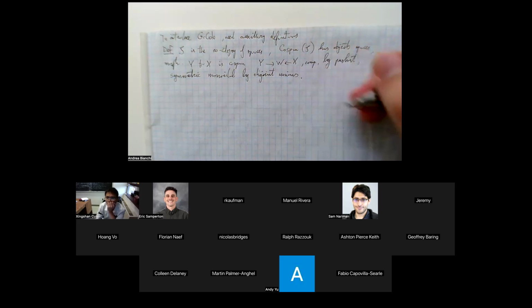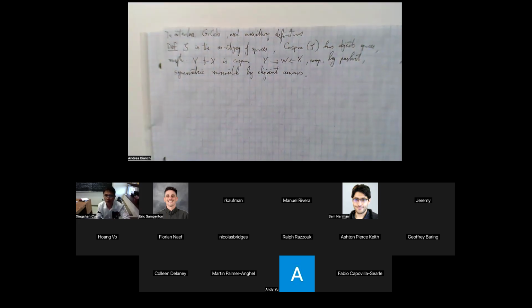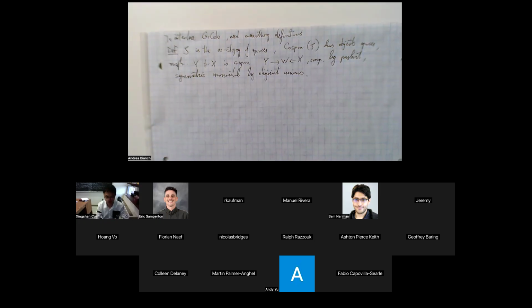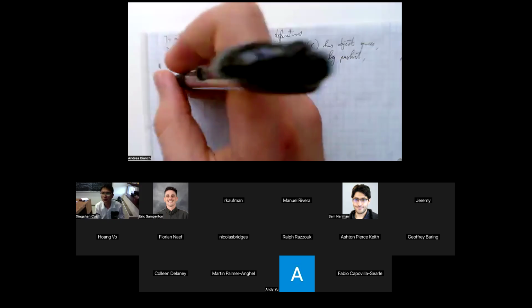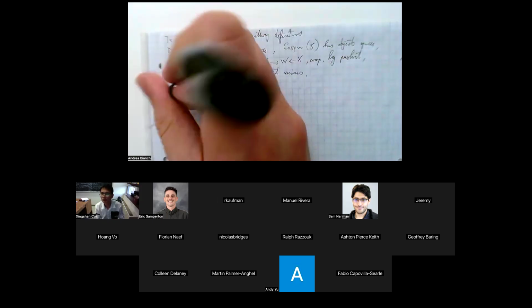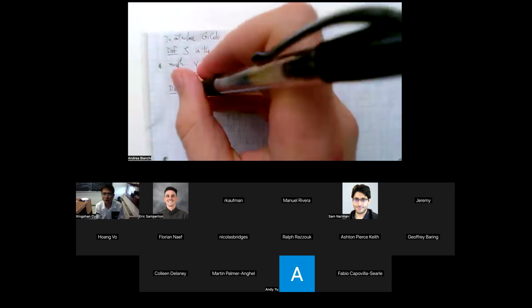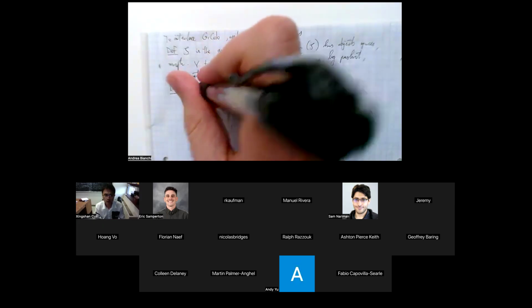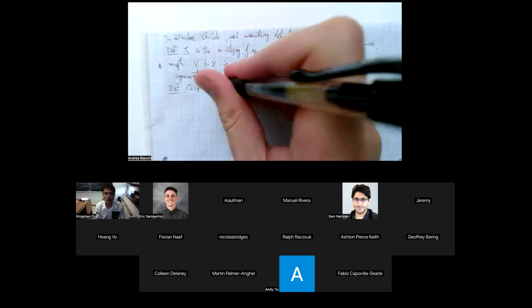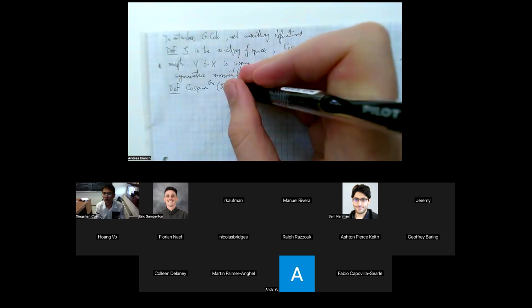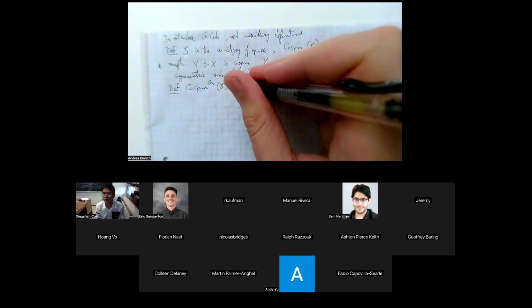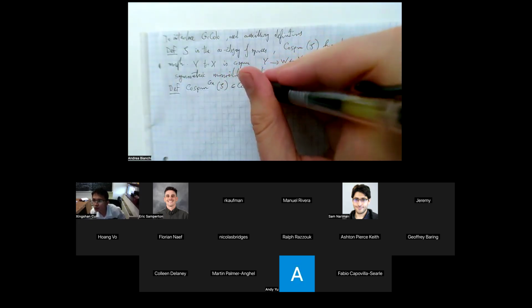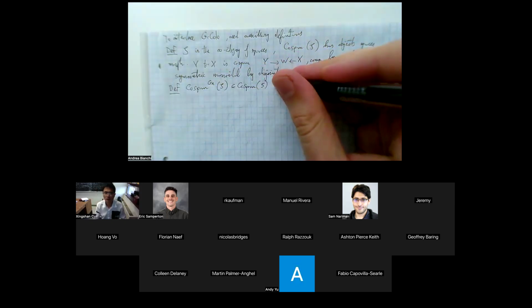Okay, so this is the first definition, and now the first attempt will be the following, to take a subcategory of this. So let me give this definition. Cospan GR of spaces is the subcategory of Cospan(S) with all objects.